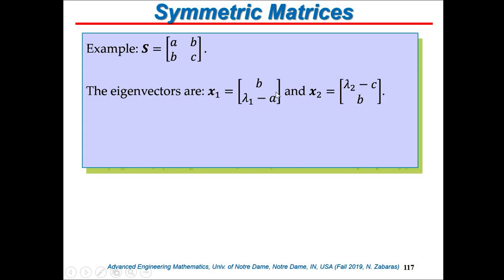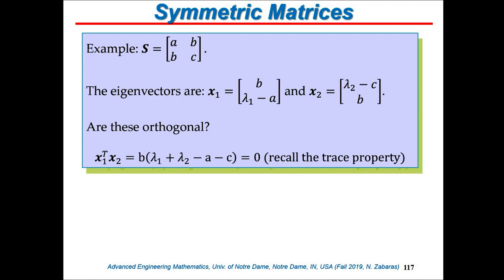I think I used this type of form for 2 by 2 before. You can verify right away that if the eigenvalues are lambda 1 and lambda 2, the corresponding x1 and x2 look like that.